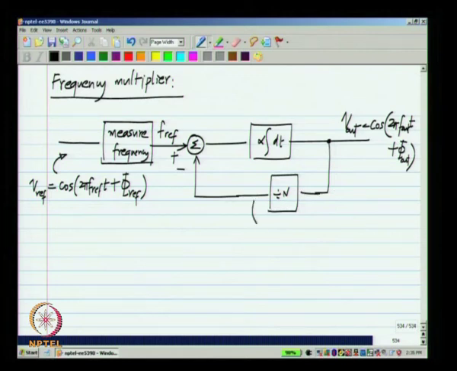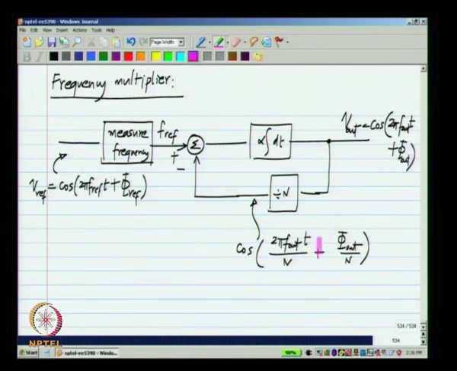Okay. So, now what the frequency divider will do is to give a signal whose frequency is 1 over n times the output frequency, and it turns out this phase offset will also be 1 over n times the phase of the output.